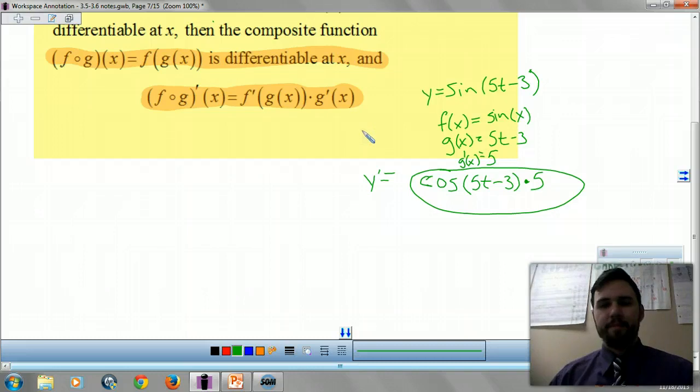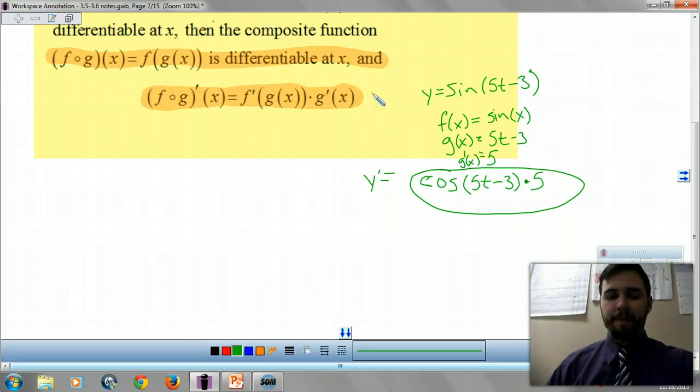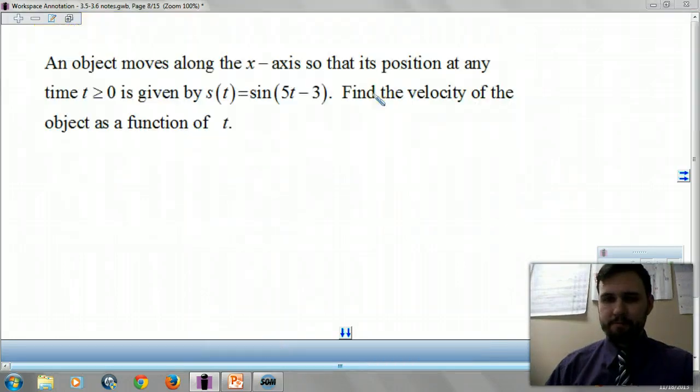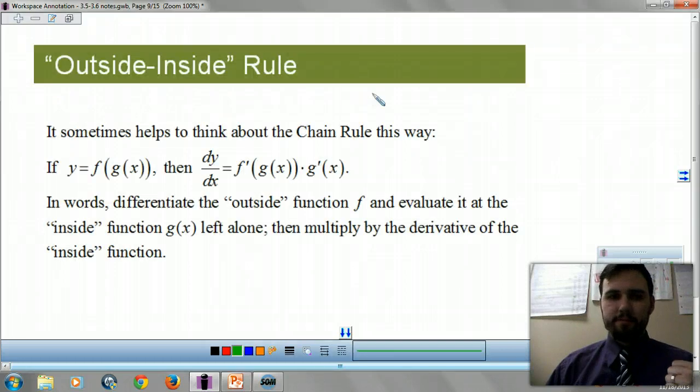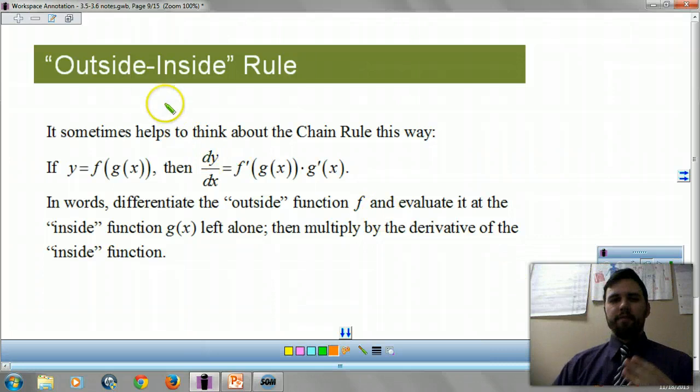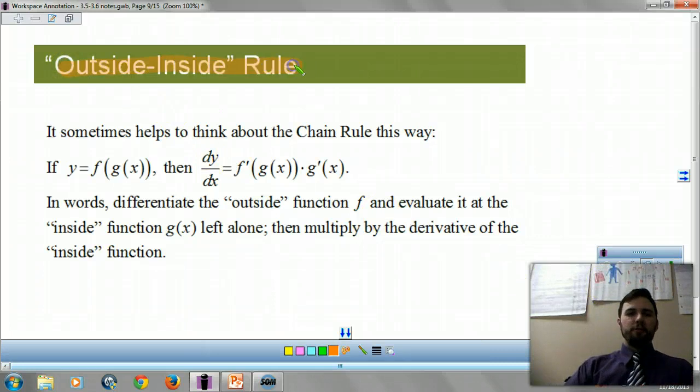So, anyway, that's the technical definition way. I'm going to tell you the way I remember how to do this stuff. I like to refer to it as the outside-inside rule.